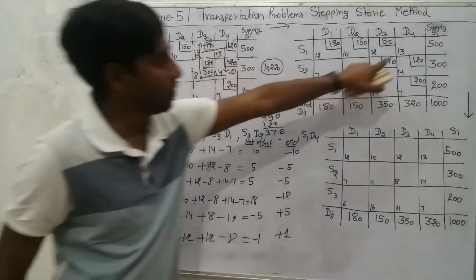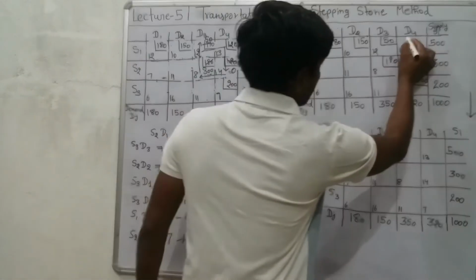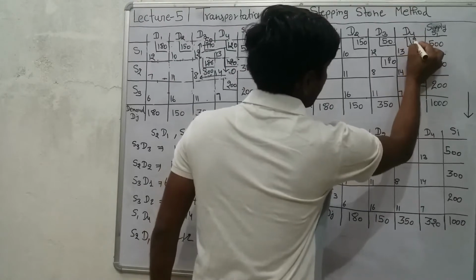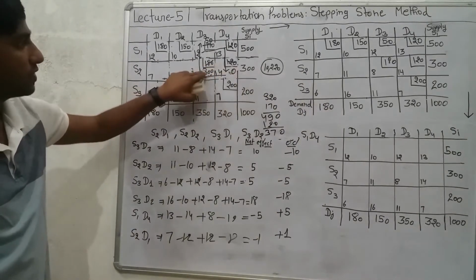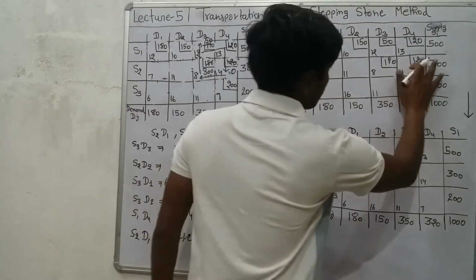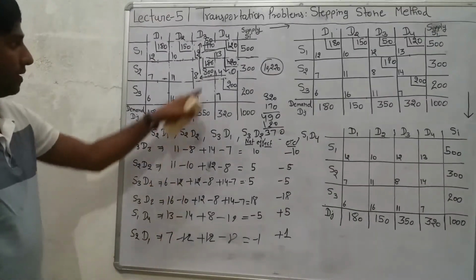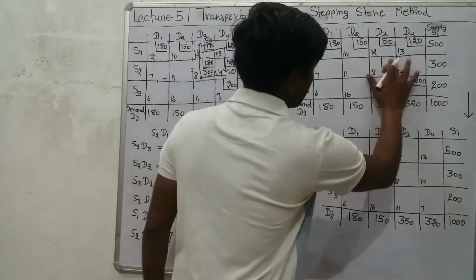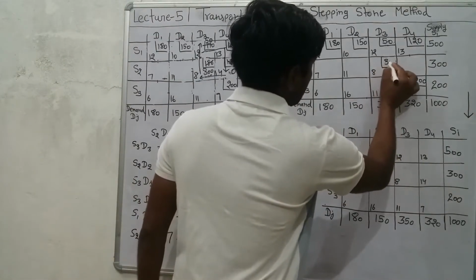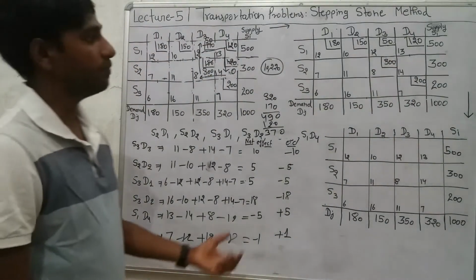Initially, there were no units in this cell. Now we have allocated 120 units. And to balance it out, we just transferred 120 units to this cell. So here there would be no allocation. And 180 plus 120 became 300 units. Okay. So this is our new, improved solution.